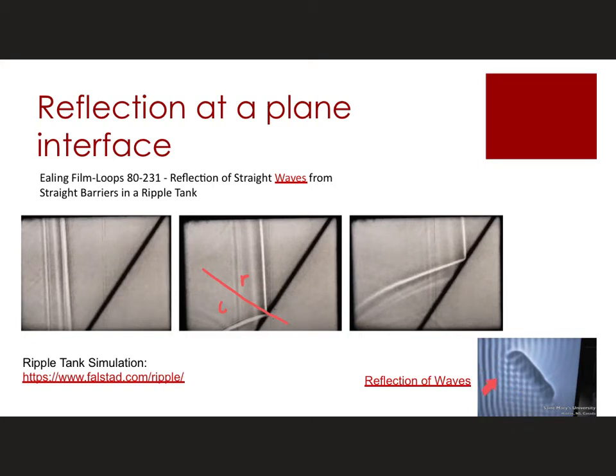You can see here my plane waves, and this line here is the reflected wave fronts. Another thing you could do is go look at the ripple tank simulation at this website here, and you can also play around with how you can see this reflection of plane waves off of different surfaces.